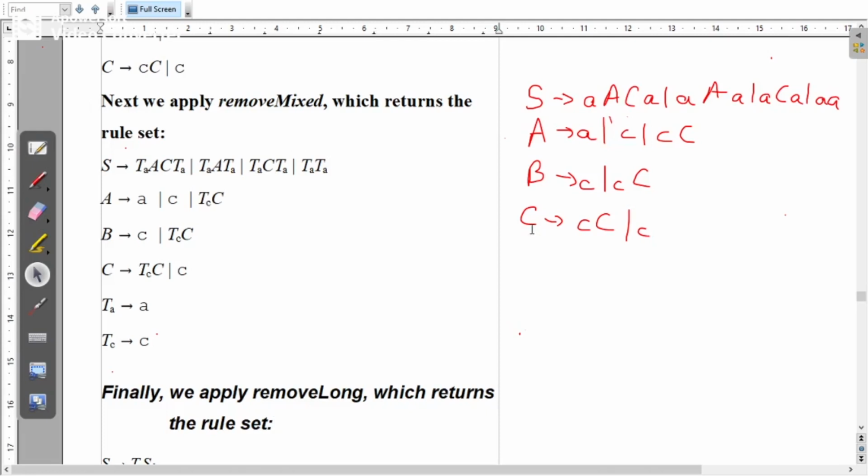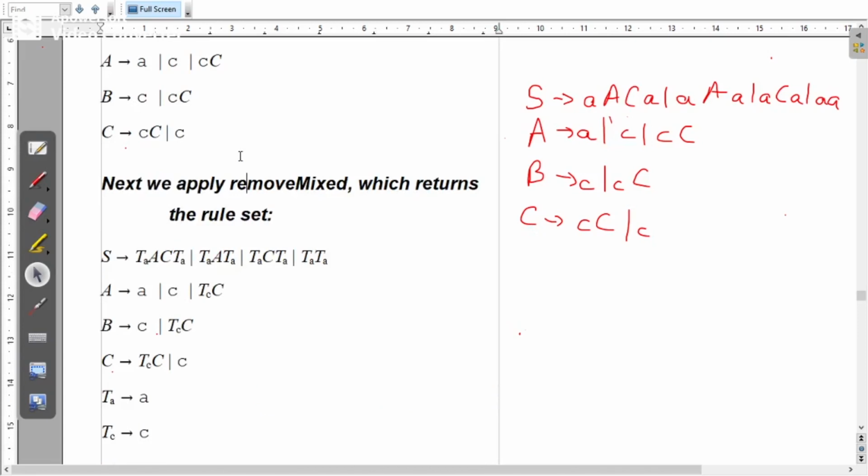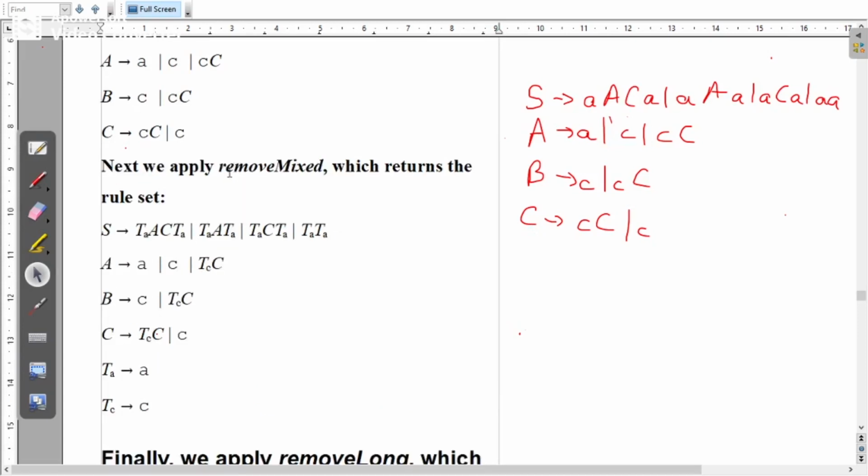So after applying the first rule, you got certain grammar. Then you have to apply remove units. You got certain grammar. Okay. So remember, all these will be a continuous procedure. So every stage will give you a new grammar, and that you need to apply on the next stage.